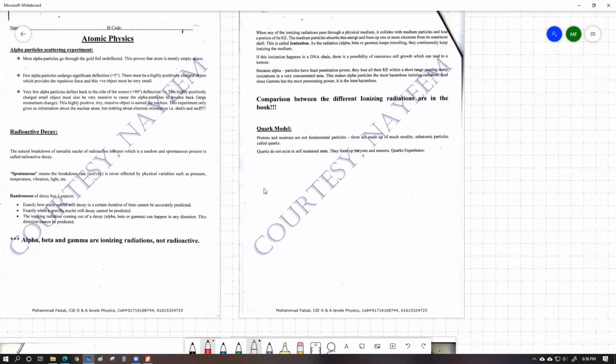Baryons and mesons can exist independently. Full stop. Leptons can also exist independently.